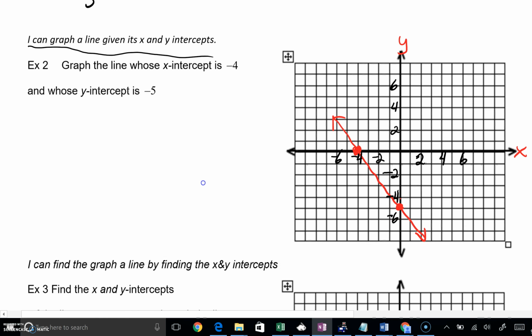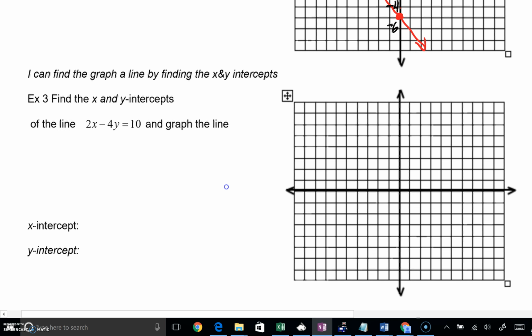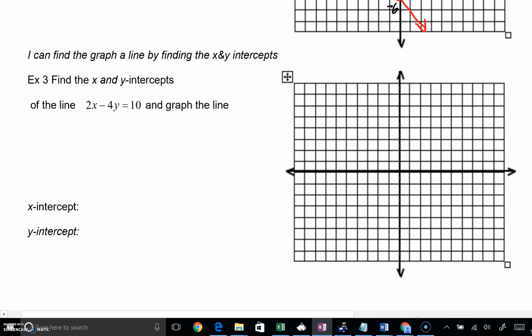But now, moving on to our third learning target, you're going to get 2 problems where example 1 and example 2 get blended together. They're going to say, I can find the graph of a line by first finding the x and the y intercepts, and then, of course, just graphing them.